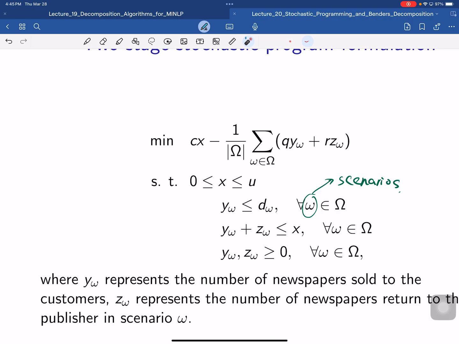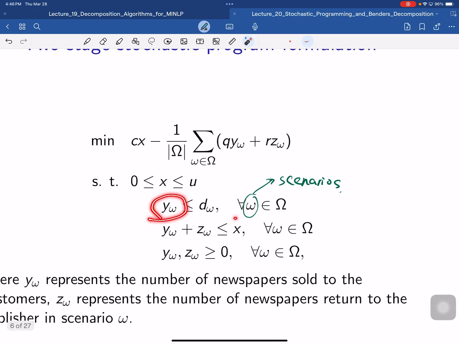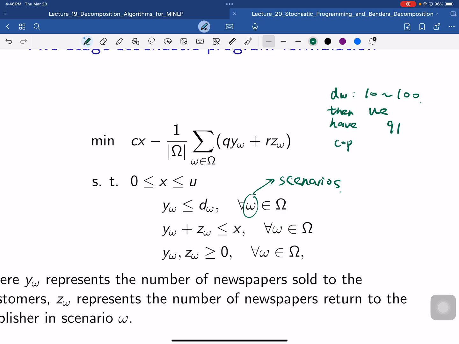Oh, so you run this for 91 scenarios? Yeah, that's a key question. You have a y omega variable for each scenario. Recall that if d omega is integer numbers from 10 to 100, then we have 91 copies of y omega variables.